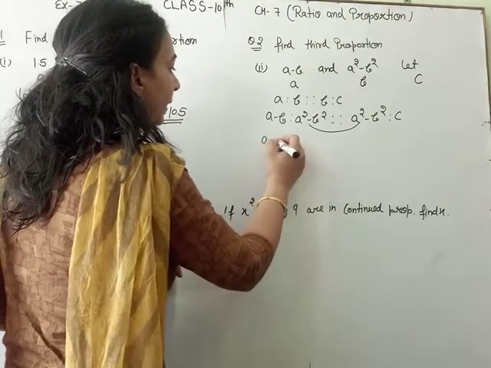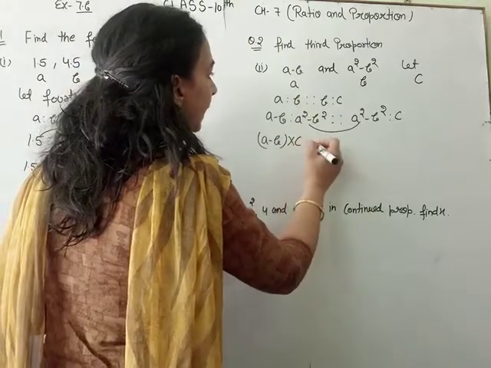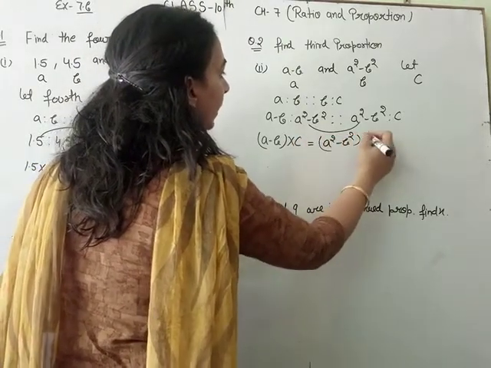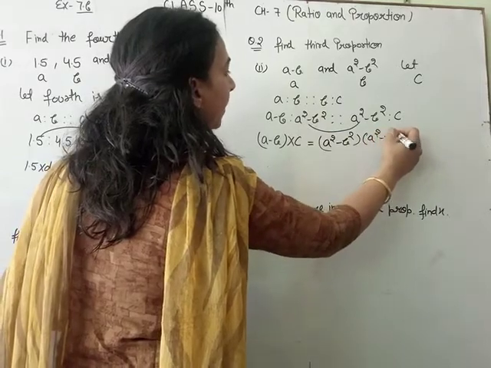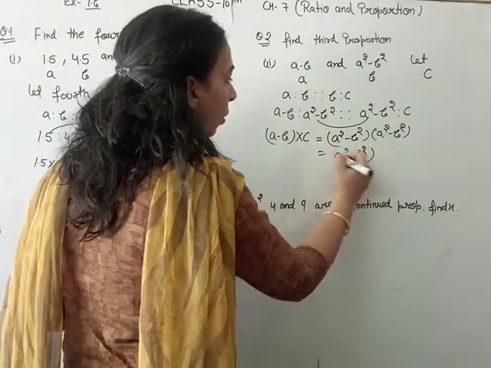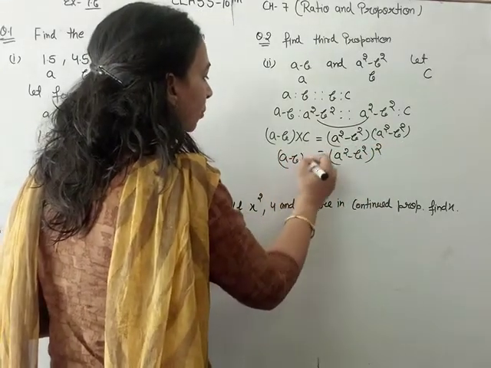Then A minus B multiply C equals A square minus B square multiply A square minus B square, and this equals A square minus B square whole square. Okay, and this equals A minus B into C.